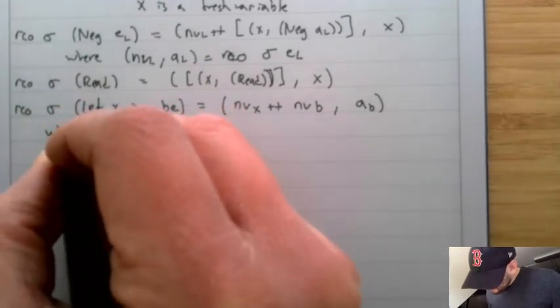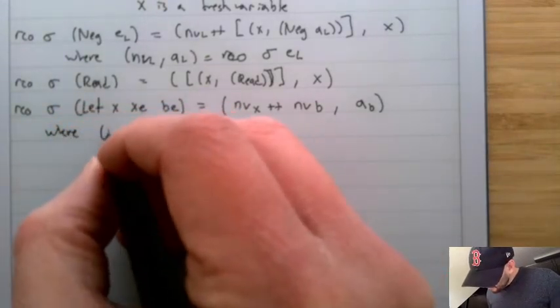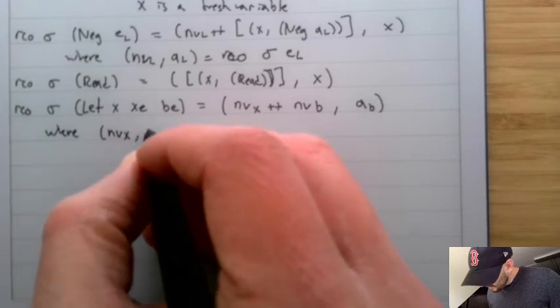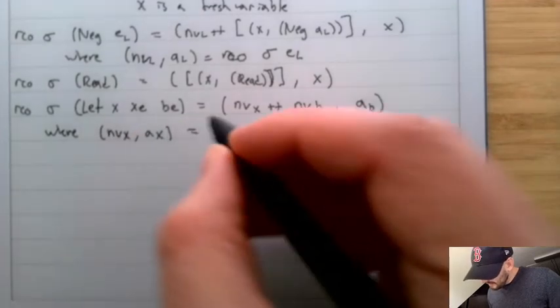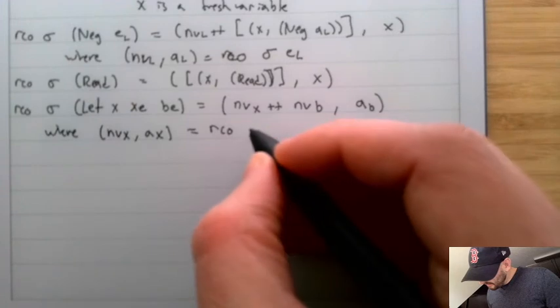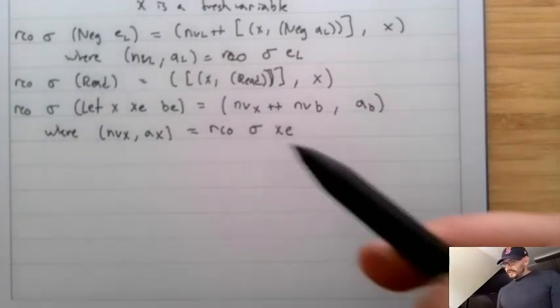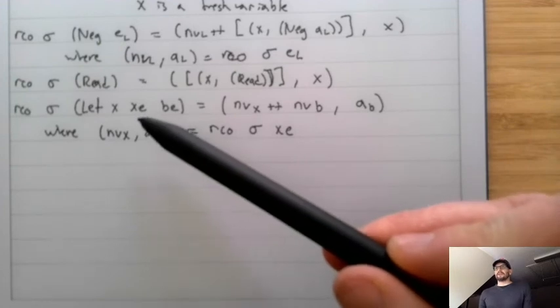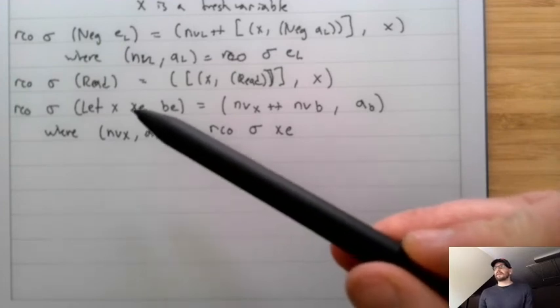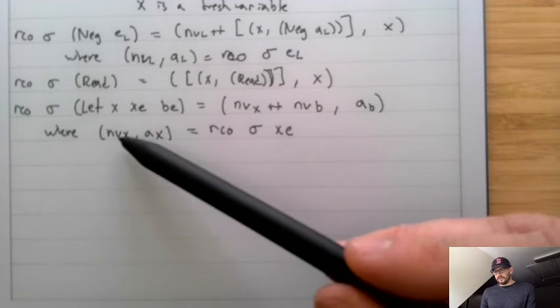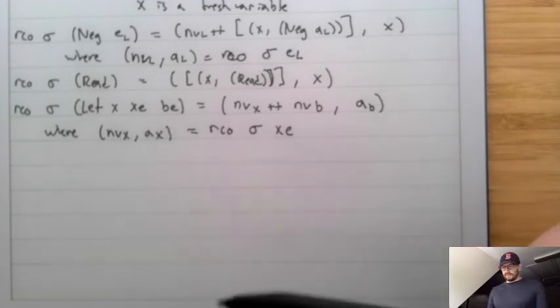Where the new variables for the x and the argument for the x are equal to calling RCO on rho and xe. So this is going to look at the thing that xe is bound to. And when we see that, we're going to figure out what its new variables are and what the argument is.